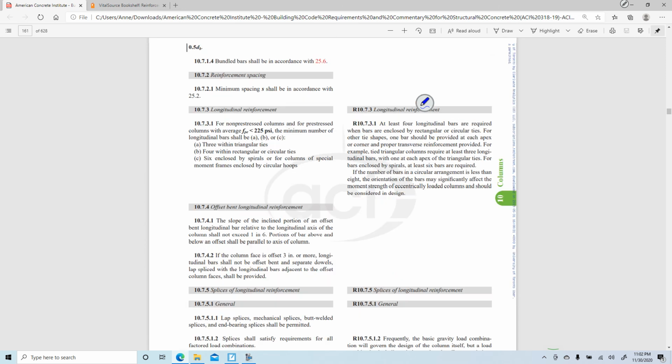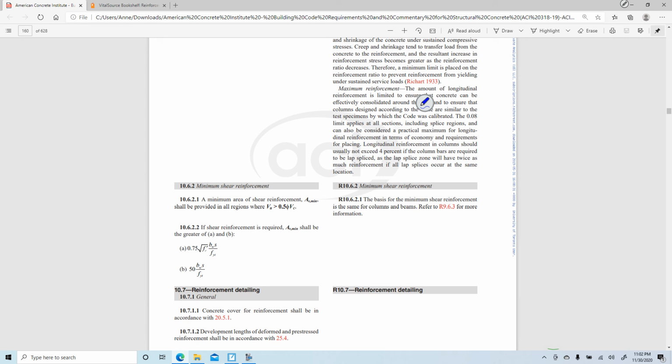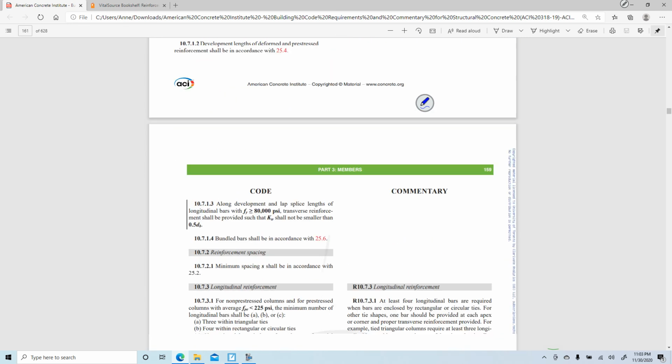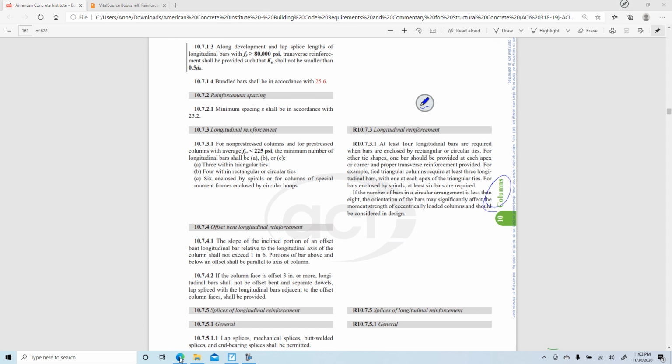I see it. It's 10.6.2. Okay, minimum shear reinforcement. We're in columns. This is chapter 10, which is all about columns.